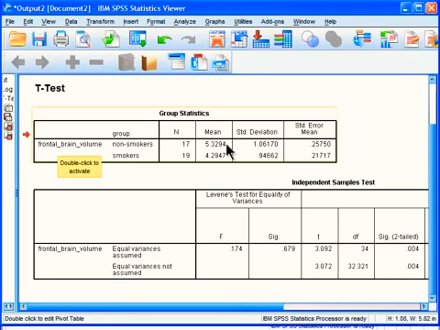Then we've got the means for frontal brain volume. It's not exactly frontal brain volume that Brody et al. measured. They measured a ratio of frontal lobe volume divided by global brain volume, but we'll just say brain volume for the purposes of this example. Non-smokers had a mean frontal lobe volume of 5.3 versus smokers with a frontal brain volume of 4.3.